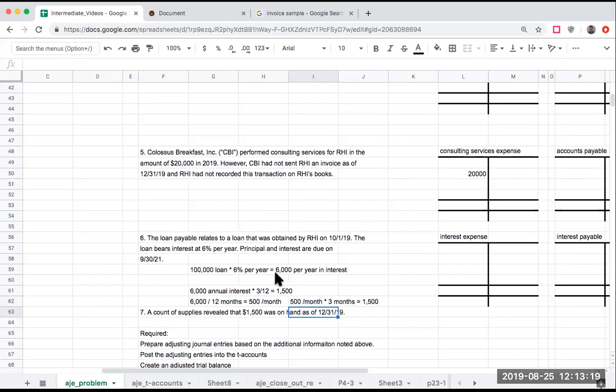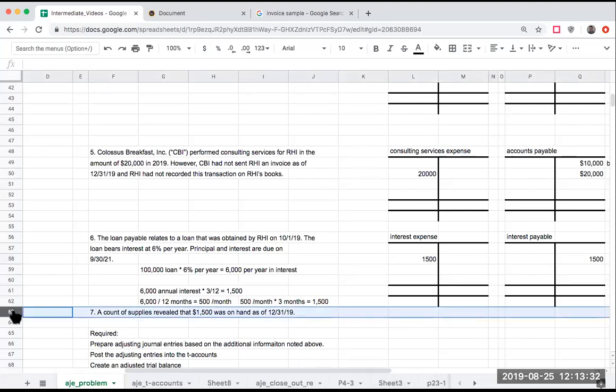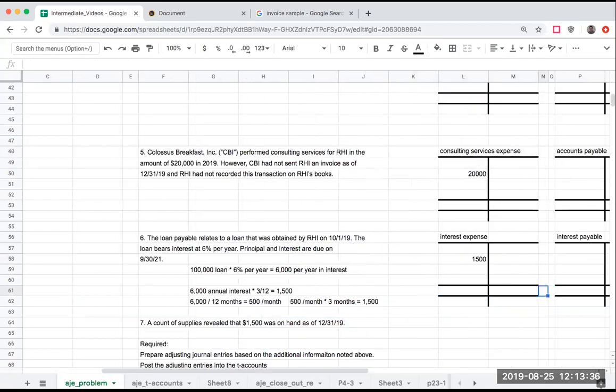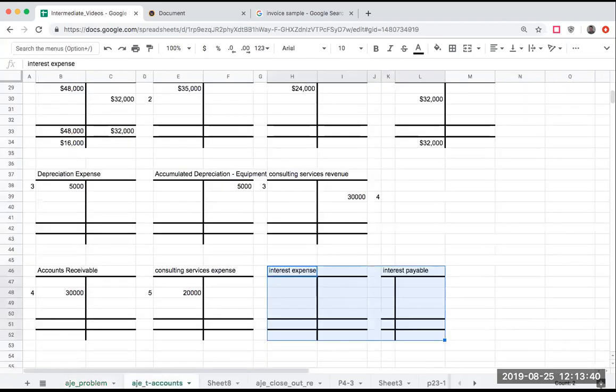So that's how we compute the interest expense. The way I'm going to do this is I'm going to debit interest expense for 1,500, and I'm going to credit interest payable for 1,500. So I've done this for number 6. And now I'm going to go back over here and put this into the T accounts.